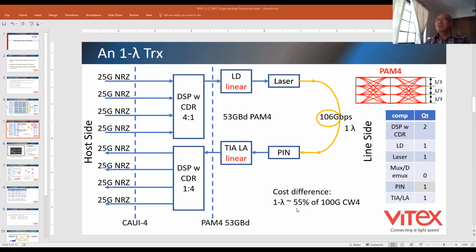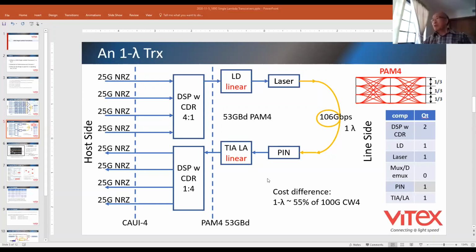However, the volume of the single lambda is still pretty low, and there's no comparison to the 100G CWDM4. So the price needs to be driven down when there is more deployment. People say in 2 years, maybe 3 years, the volume will be up there, and the price will come down.